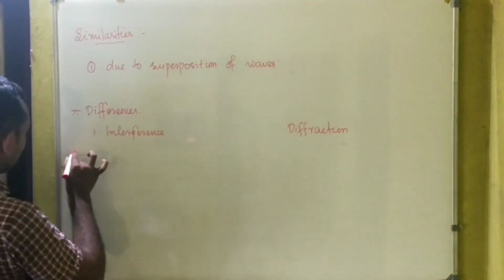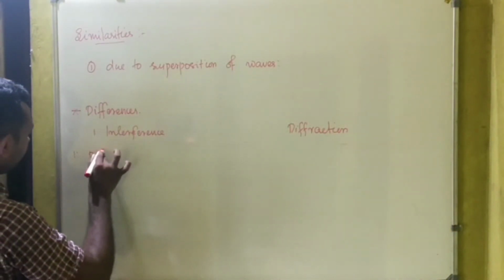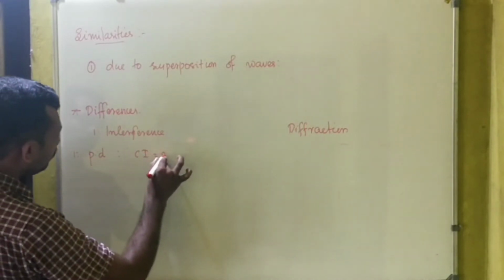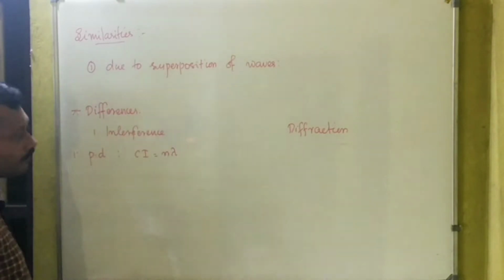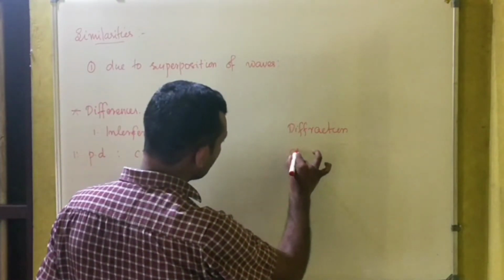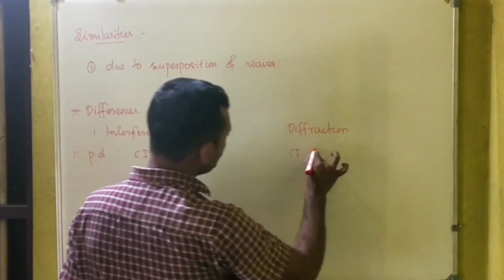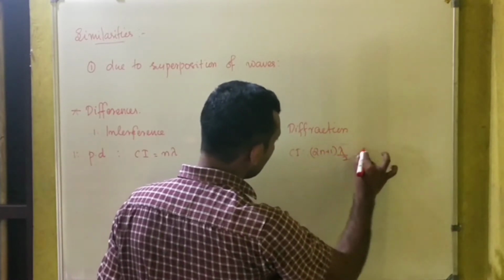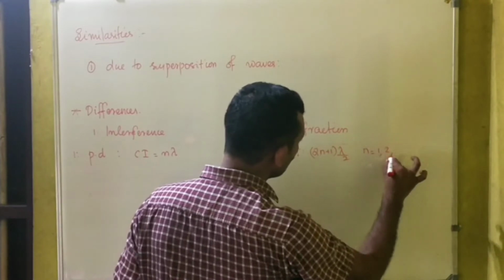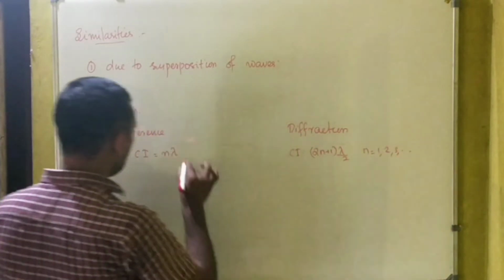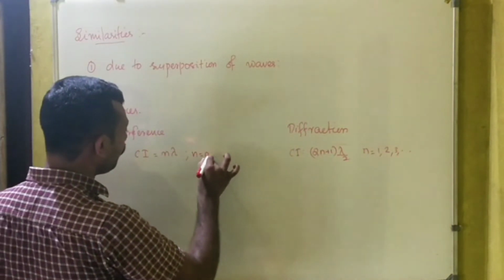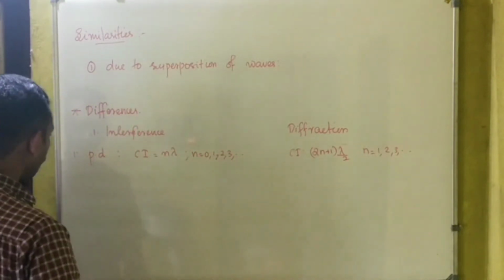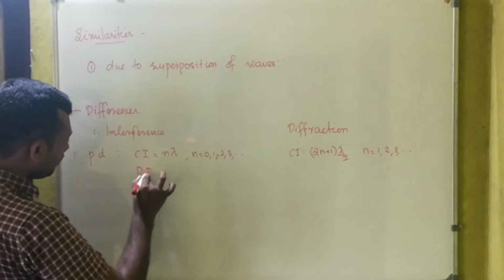First one, path difference. What is the path difference for constructive interference here? n lambda. What is the path difference for constructive interference in single slit diffraction? (2n plus 1) lambda by 2. Here n takes the values 1, 2, 3, etc. Here n takes the values 0, 1, 2, 3, etc. Second one, condition for destructive interference.